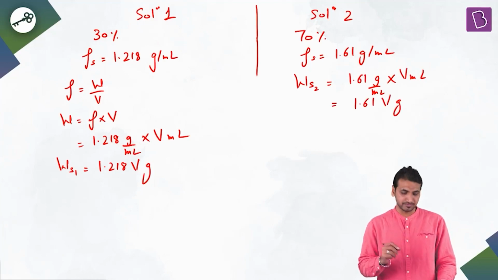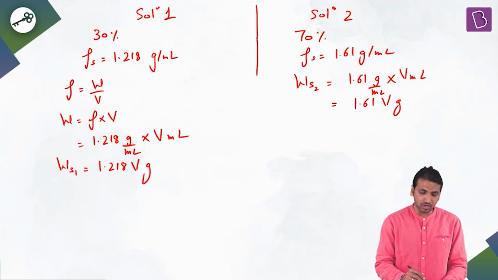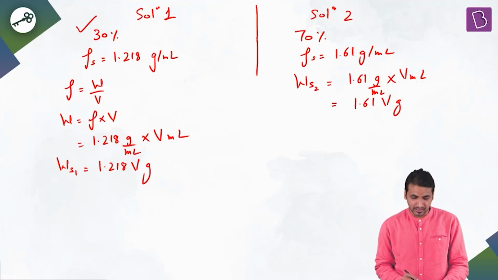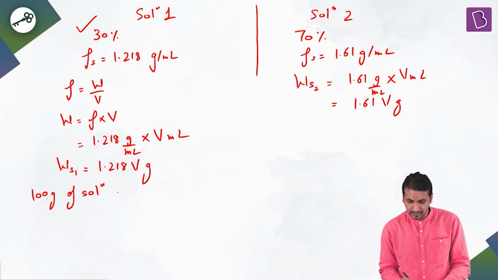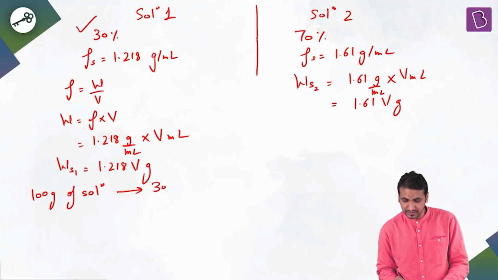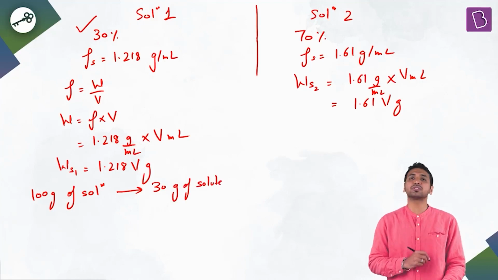Okay. Now see this. How are we going to use this 30%? Can I say that if 100 gram of solution is there, it has 30 grams of solute, which is H2SO4 here, right?